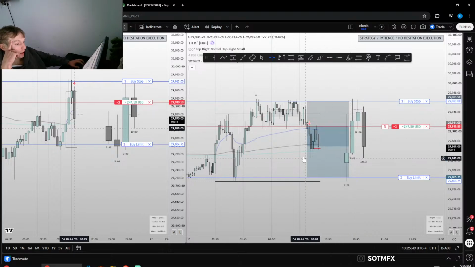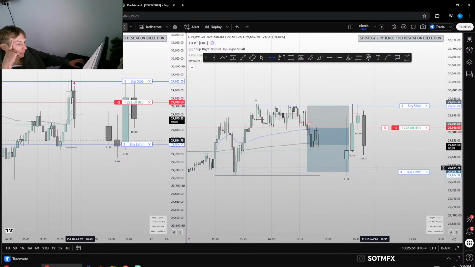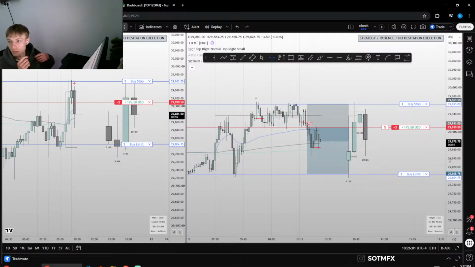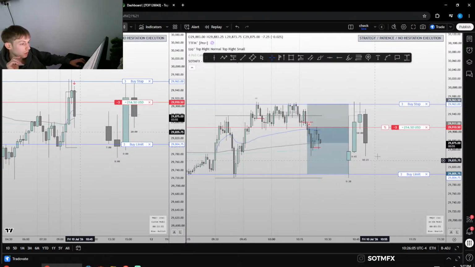I really want this candle to close. So within this candle, I want price to close below that red line.